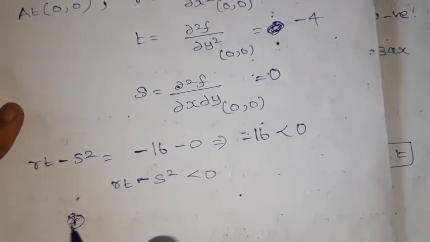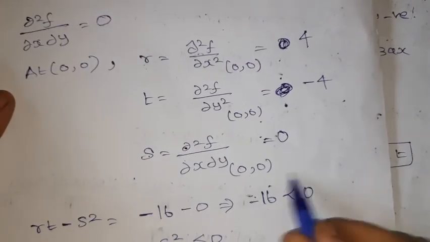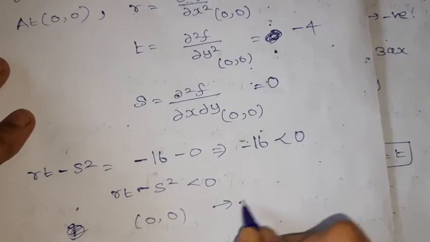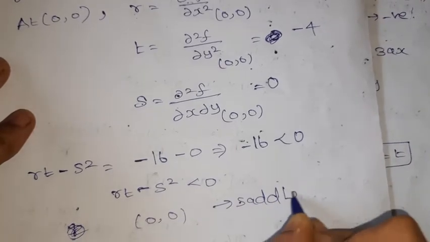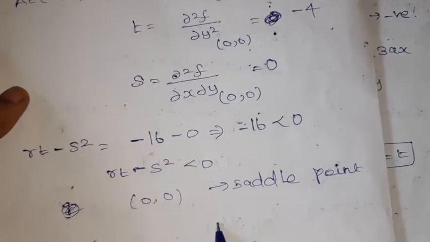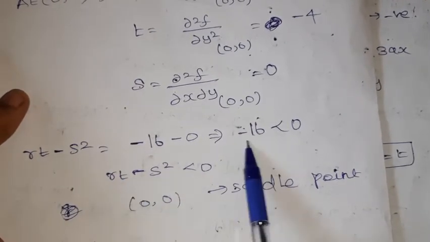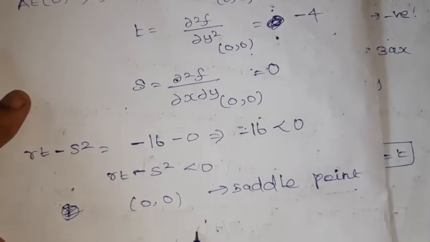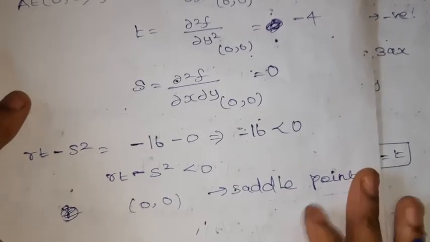If rt minus s squared is less than 0, the given point is a saddle point, neither maximum nor minimum.